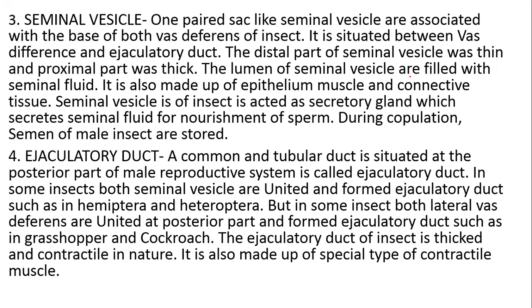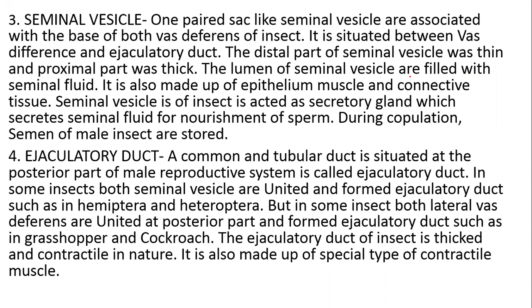The ejaculatory duct, a common antibular duct, is situated at the posterior part of the male reproductive system. In some insects, both seminal vesicles are united and form the ejaculatory duct, such as in Hemiptera and Heteroptera.